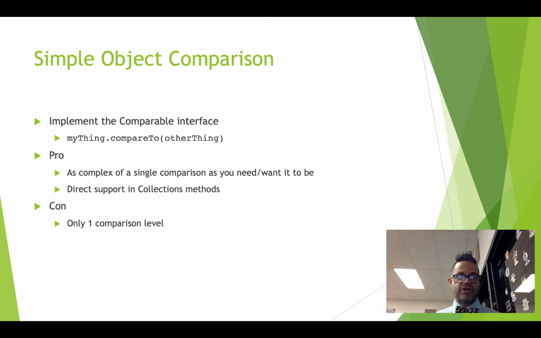One of the big pros is you can make the comparison as complex or as simple as you want, so the code can be as big or as small as you want for sorting objects. We have a quick, really simple example, but it can be massively complex if you have a really complex object. The only con of the comparable interface is there's only one comparison level: you can only compare this against that. If you want more advanced comparisons, take a look at the comparator interface. We'll do that in another video, but that's a more advanced topic.